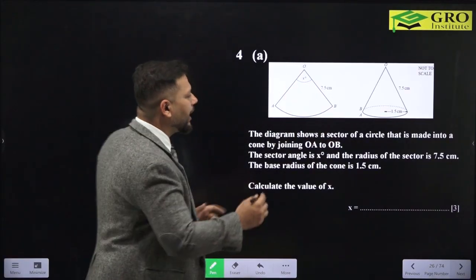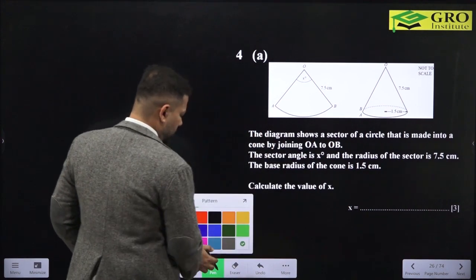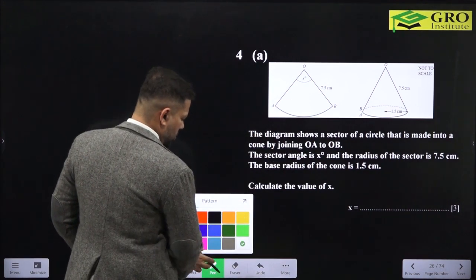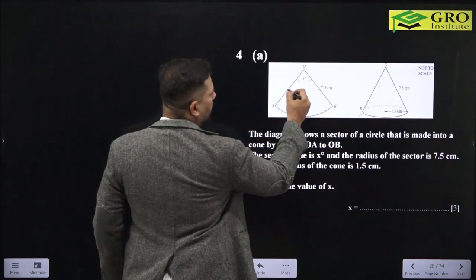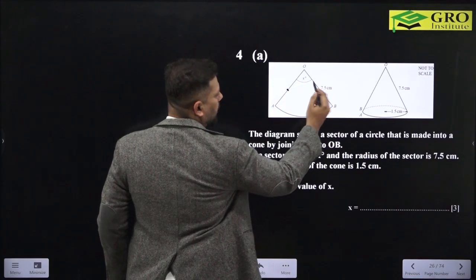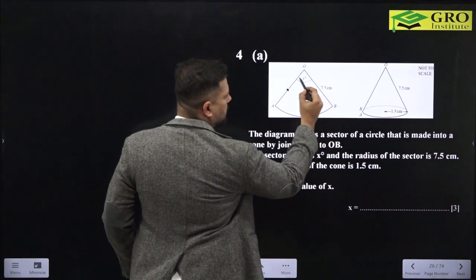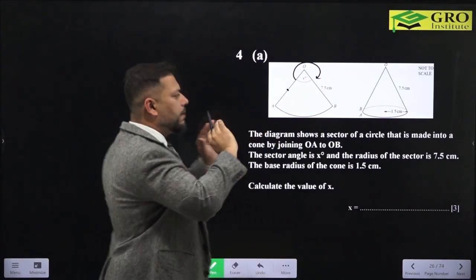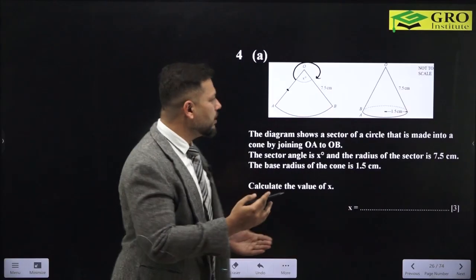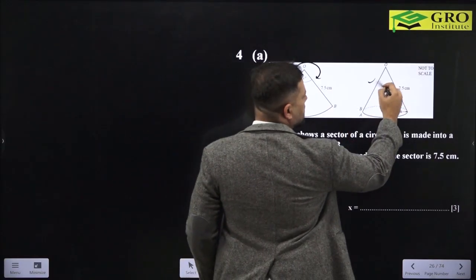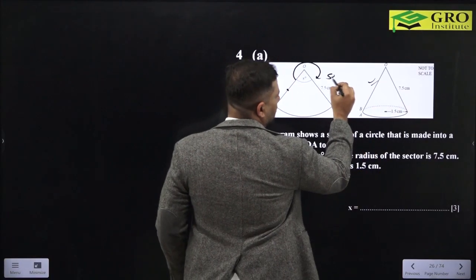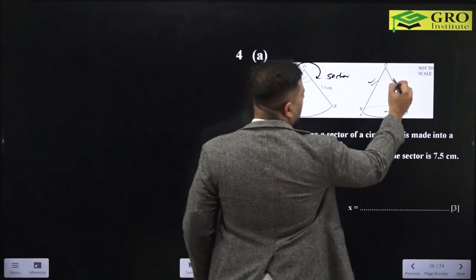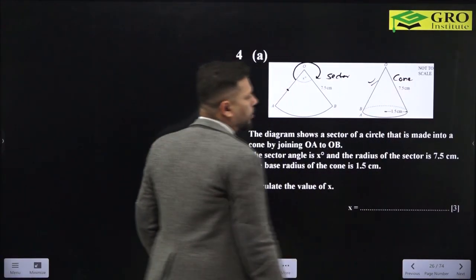Now what if I take this OA here, have a look. If we join this OA with OB, if I try to rotate it in such a way that this OA gets overlapped with OB, so that will convert it into a cone, isn't it? This sector converts itself into a cone, right?